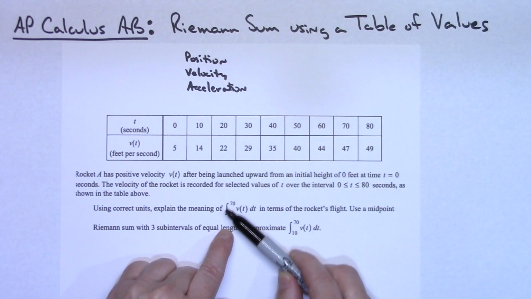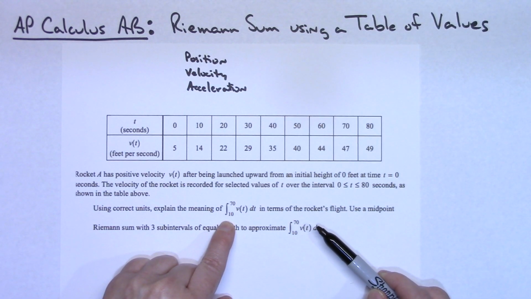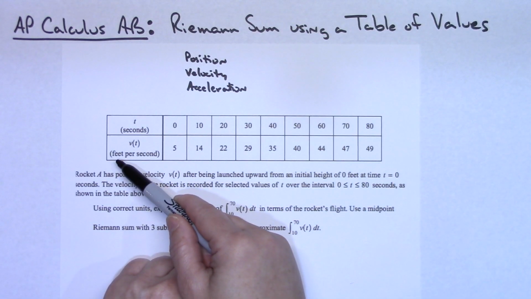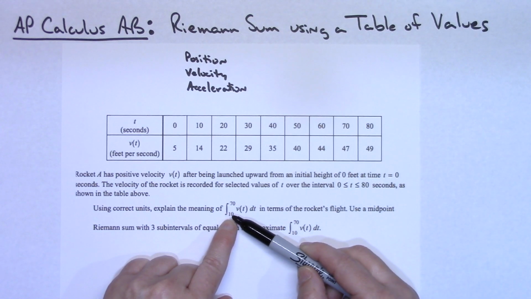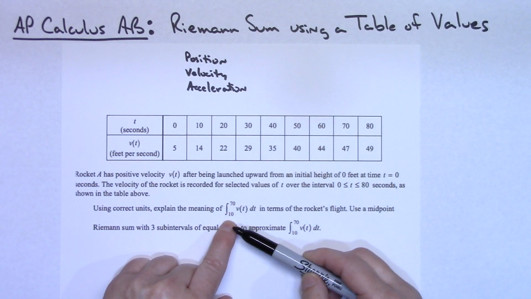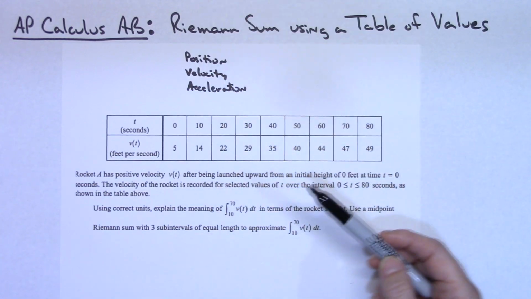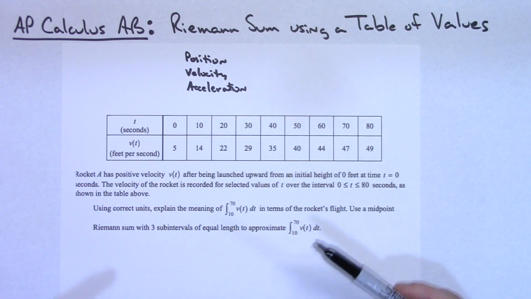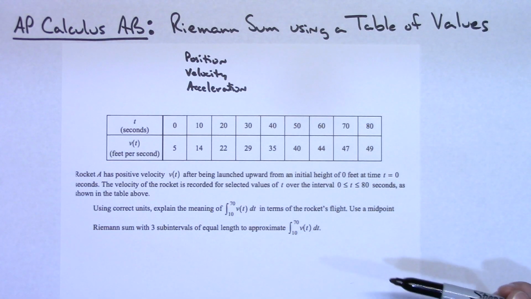So what this tells me in terms of the rocket's flight is that it represents the distance, in this scenario in feet, traveled by the rocket from 10 seconds to 70 seconds. That's your thinking process, and at the very end we will actually write that down and summarize it.